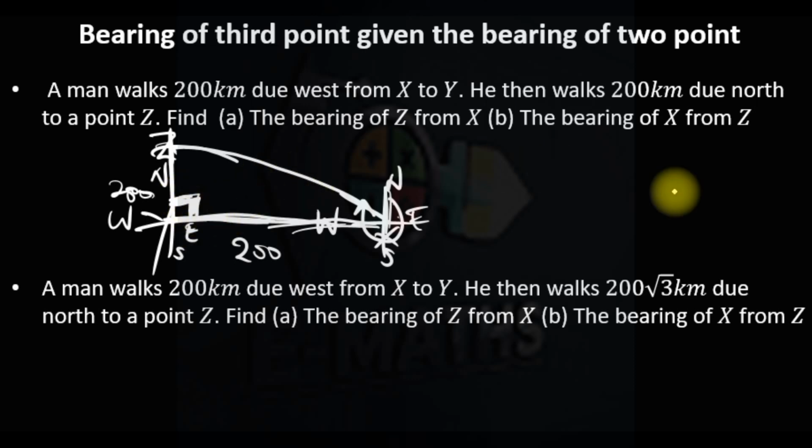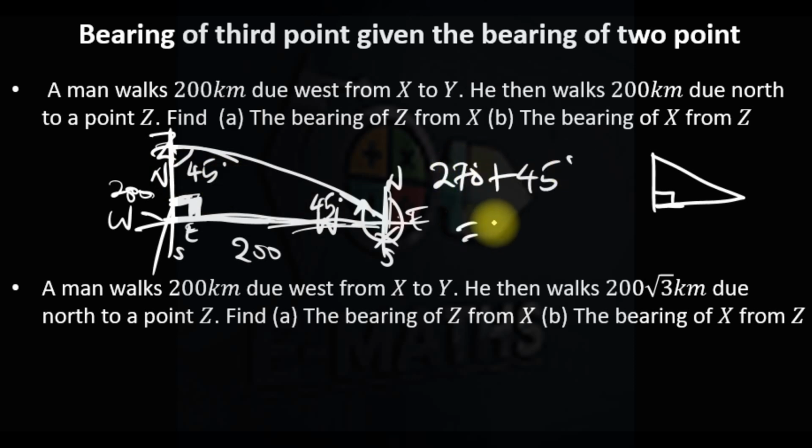From what we call a 45, 45, 90 triangle, the angle here is 45, because this is an isosceles right triangle. So 270 plus 45, which is 315.